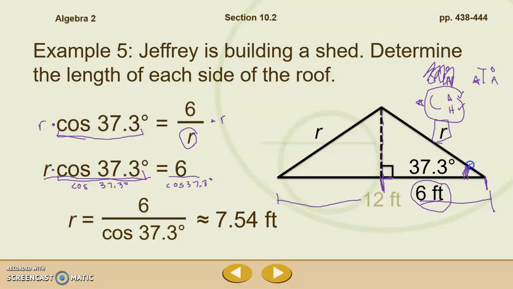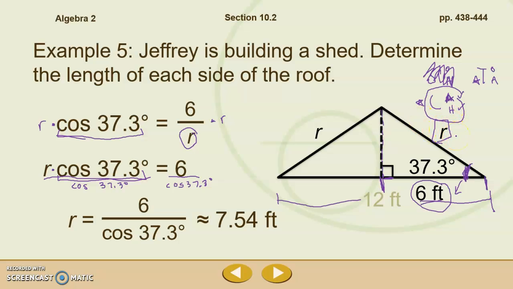I know the measure of this angle. And I know that this side is adjacent to my angle. So I'm going to need to use a trig ratio that uses the adjacent side, like cosine and tangent. Third thing, you need to determine what you are trying to find out. In this case, I'm trying to find the hypotenuse.